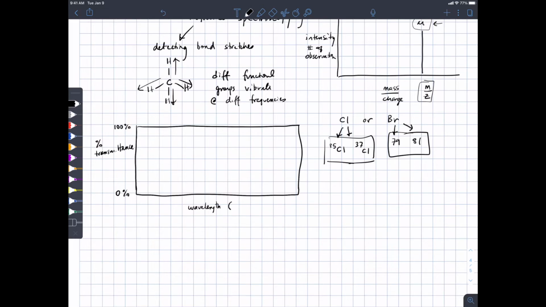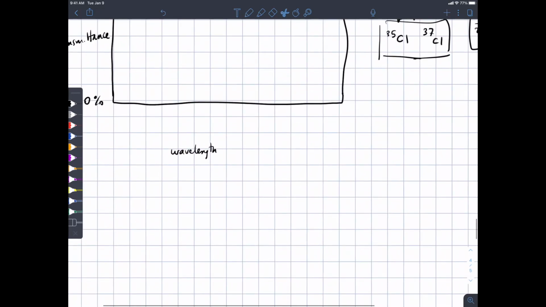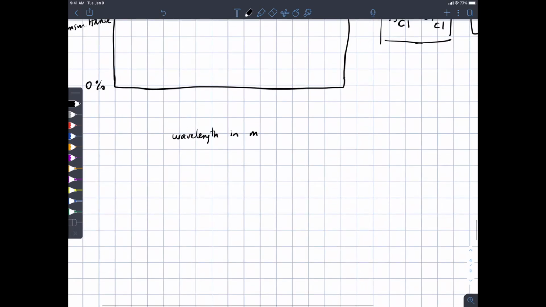So wavelength typically describes the distance from one wave crest to another, and it's typically in meters of some kind, nanometers, centimeters, whatever. If you take 1 over the wavelength, that's related to frequency, but it's not quite.